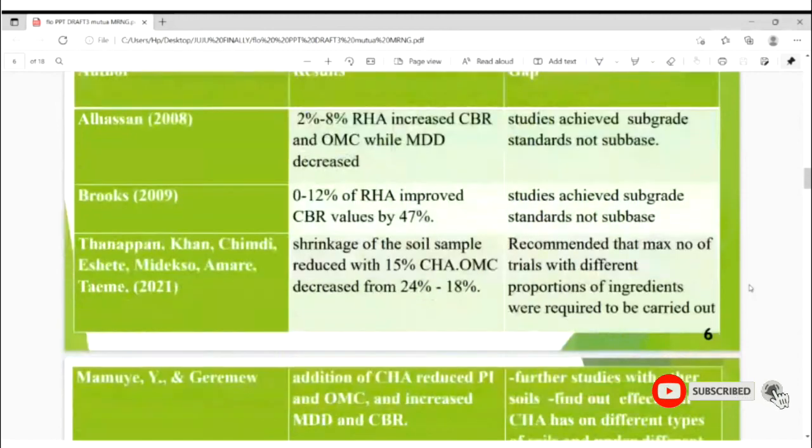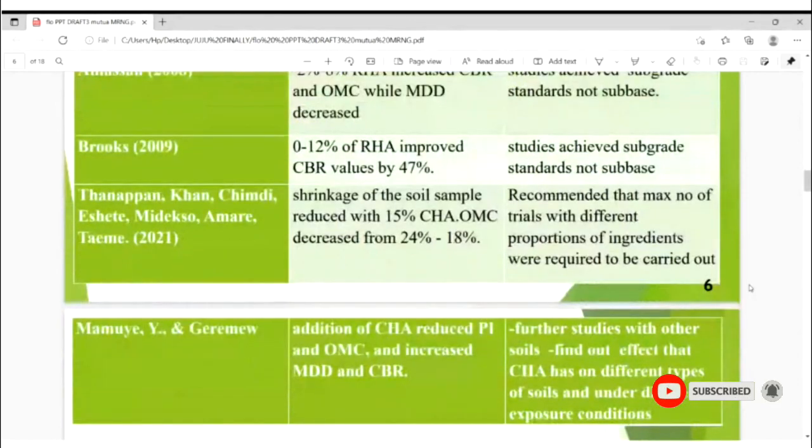And we also go to Mamuye: with the addition of coffee husk ash, there was a reduction in PI and OMC, and sub-grade quality was achieved, but there was a gap in that further studies were required to be carried out. It was also required to find the different effects that coffee husk ash has on different types of soils. So we got to a gap.